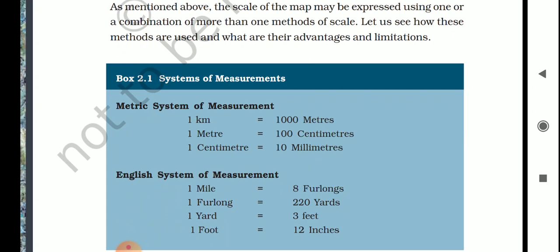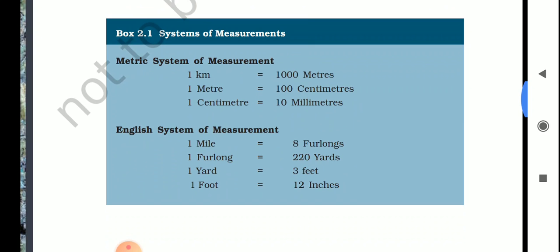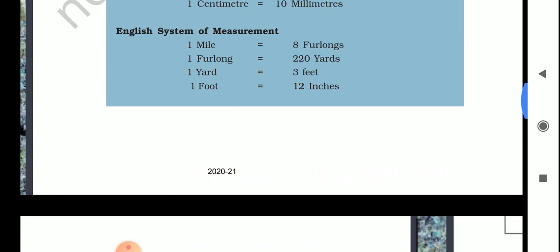From a big unit to a small unit, millimeter is the smallest one and hectometer is the biggest one. In this sequence we use all the units in the metric system. And in the English system, 1 mile is equal to 8 furlongs, and 1 furlong is equal to 220 yards. So these are the units we are using in the English system.